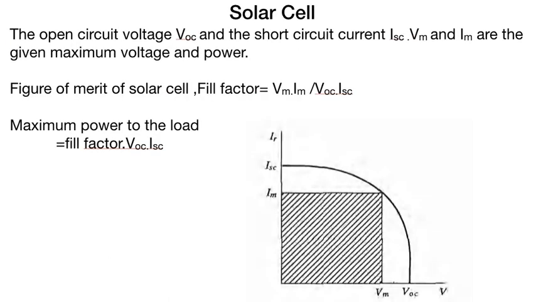Now let's look at one of the questions. Oh, before that we should know what a solar cell is. A solar cell is the cell we have been talking about most recently, which converts solar energy into electrical energy.